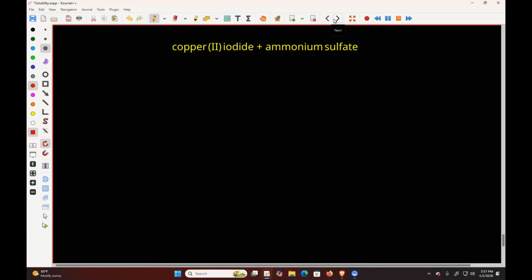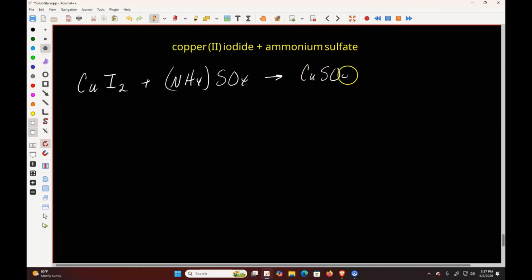All right, copper 2 iodide and ammonium sulfate. So that'd be CuI2, so it's going to give me copper 2 sulfate plus ammonium iodide.